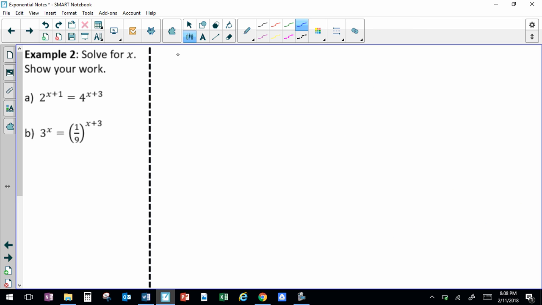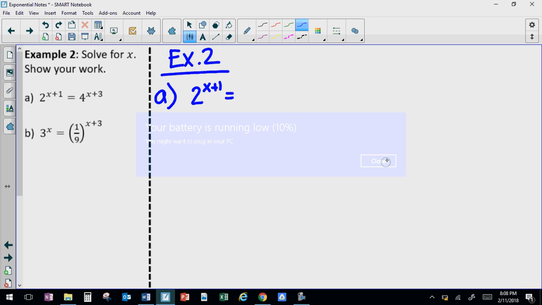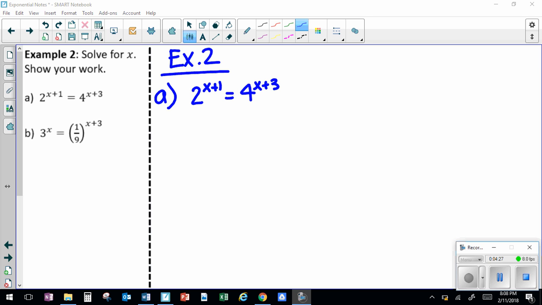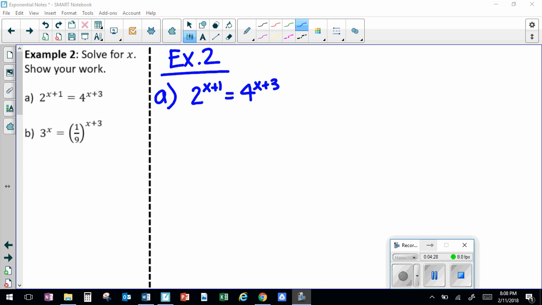Now notice on example 2a, the bases are not the same on both sides. I have 2 to the x plus 1 equals 4 to the x plus 3. So what we have to do then is to see if we can change the bases so that they are the same.